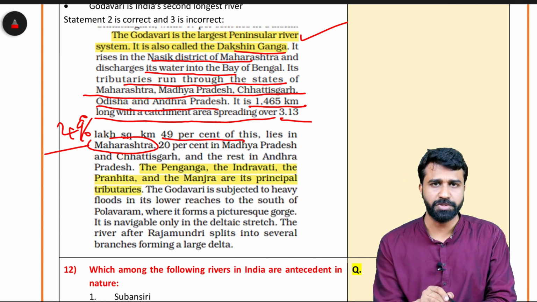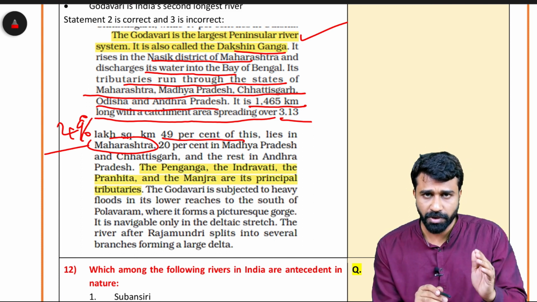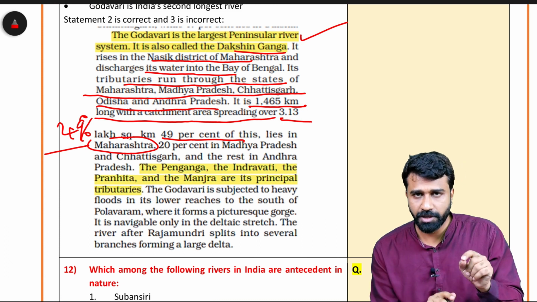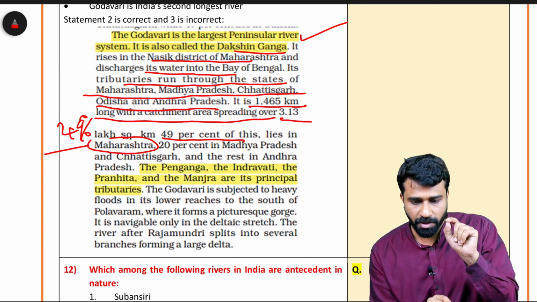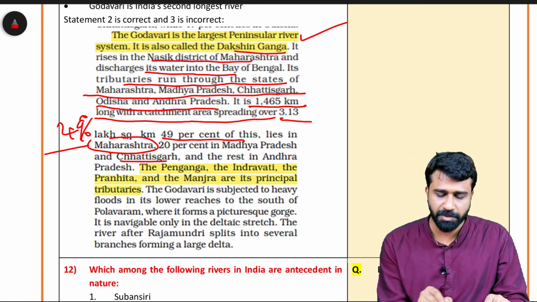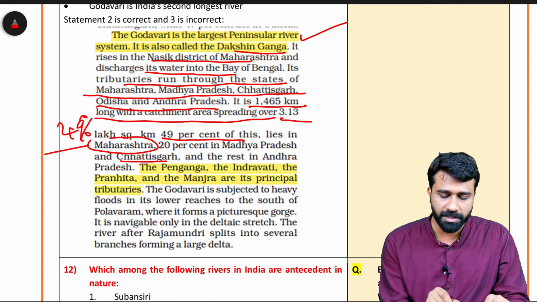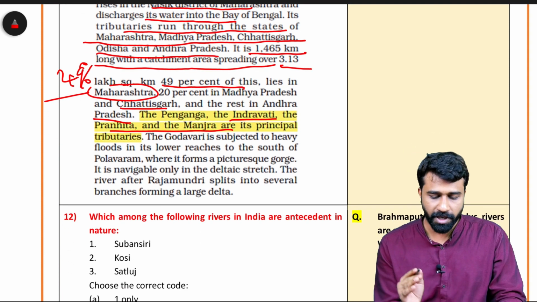This is also one of the questions which can be framed in the UPSC. If it is a question, you have to answer the highest part, 49% is occupied by Maharashtra, the catchment area is spread over other states, that is Madhya Pradesh 20% and Chhattisgarh next, and the rest in Andhra Pradesh. Penganga, Indravati, Pranahita, Manjira are its principal tributaries, and you have to know a few other tributaries.